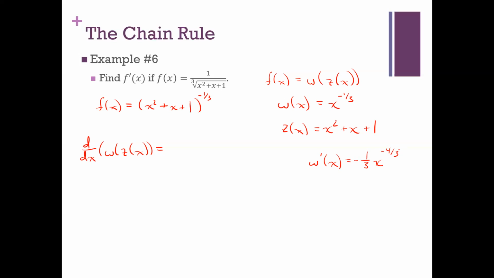We agree with this? Okay. Good. At this stage, I'm willing to bet that somebody in their head thought negative 1/3 x to the power of 2/3 or something. Sometimes, especially when you have non-integer exponents or when they're just negative, it's tempting to add one when you should be subtracting one. So that's valuable to have, that w prime of x.